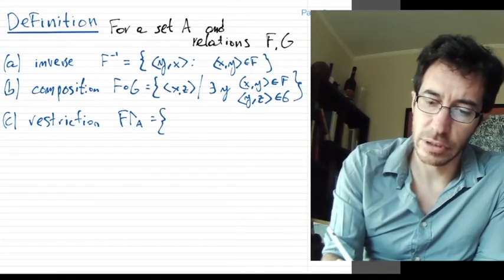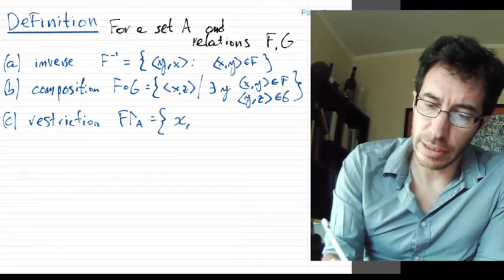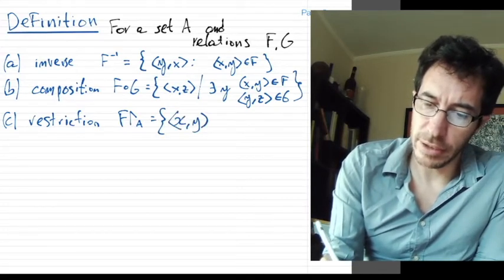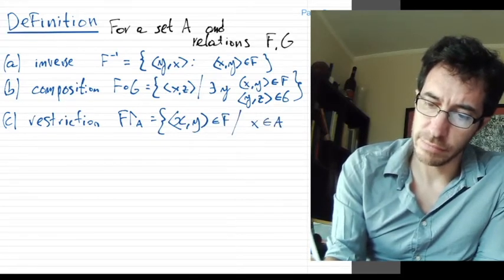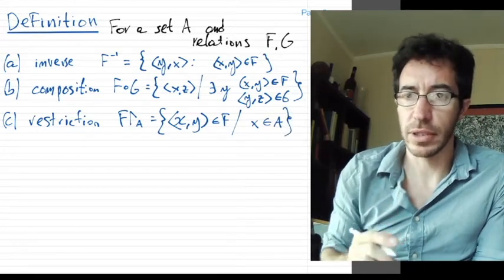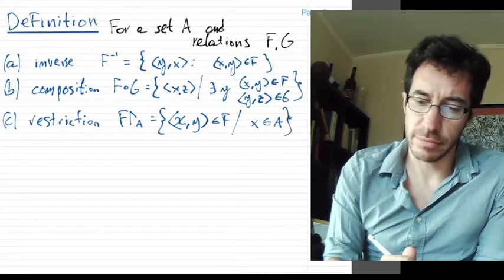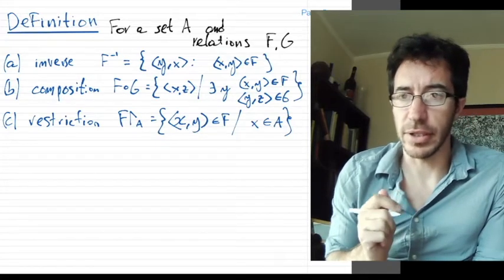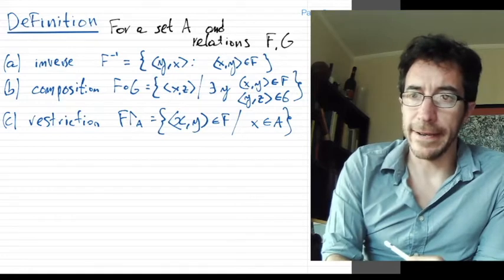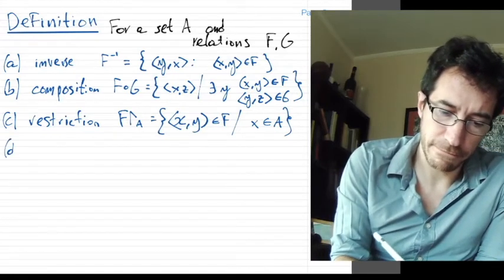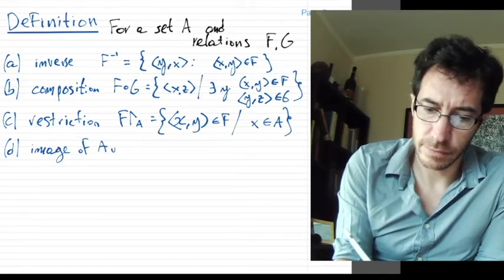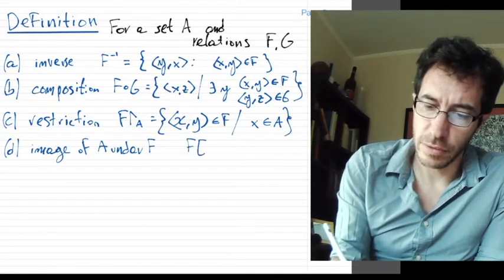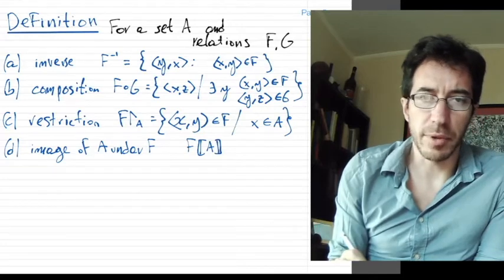So it's the set of all x comma y that belong to f such that x belongs to A. We only consider the ones such that the first entry belongs to A. And the image of a set, that's the last one I want to define, of A under f is denoted with this bold double bracket.